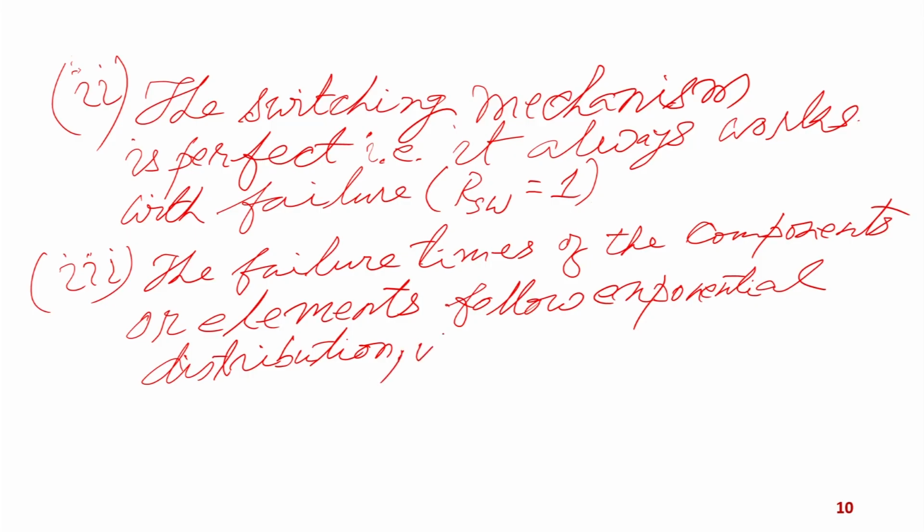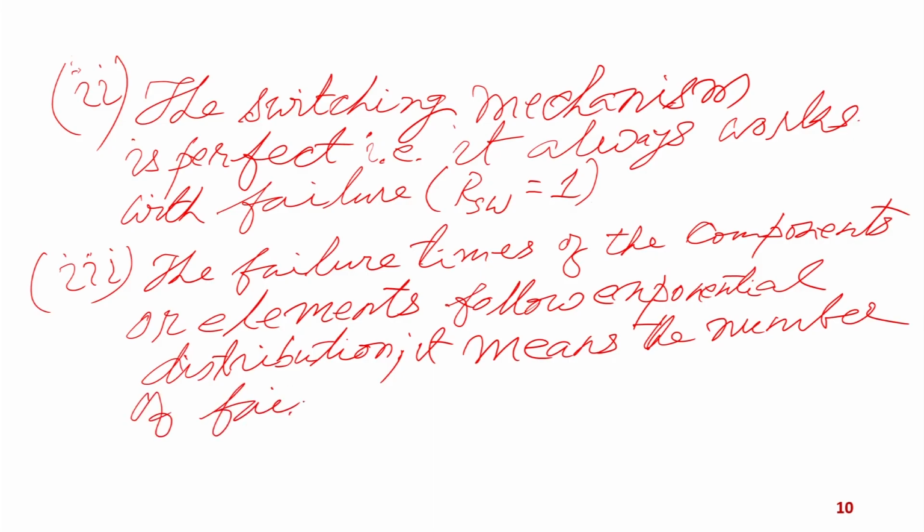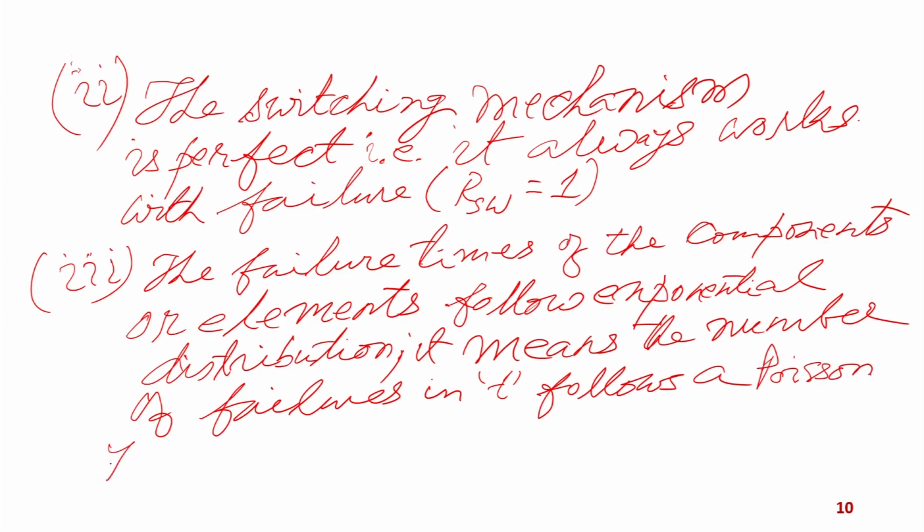It means the number of failures in time t follows a Poisson process, given by P_k = (lambda t)^k / k! multiplied by e to the power minus lambda t.